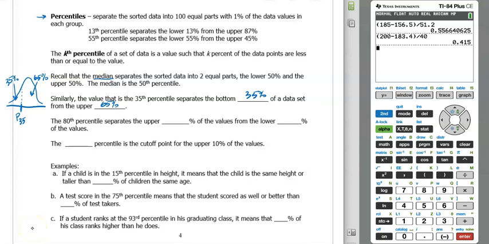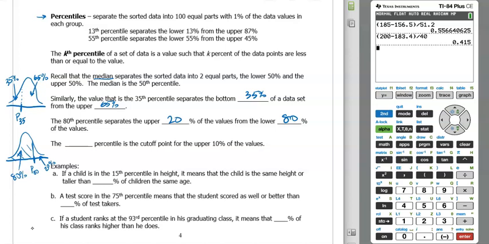Similarly, the 80th percentile is going to be a relatively large data value because, let's say it's here, it's going to have 80% of the data less than it. And so 80% is less, 20% of the data values would be more. And so it separates the upper 20% from the lower 80%.